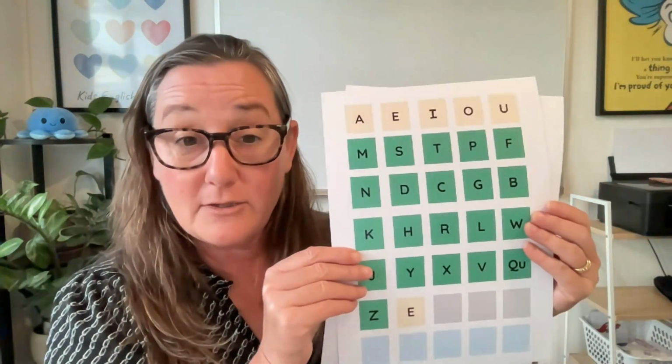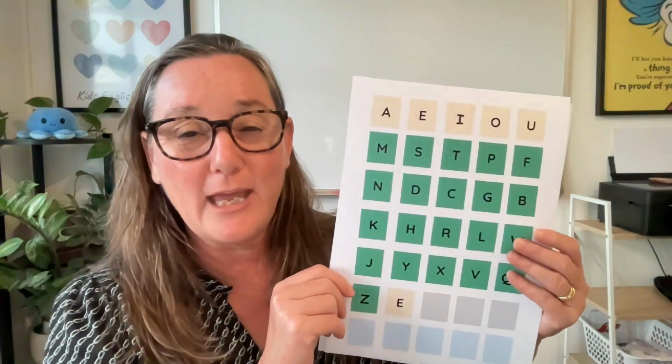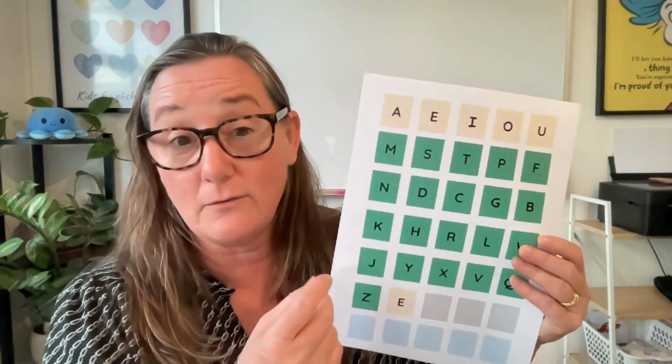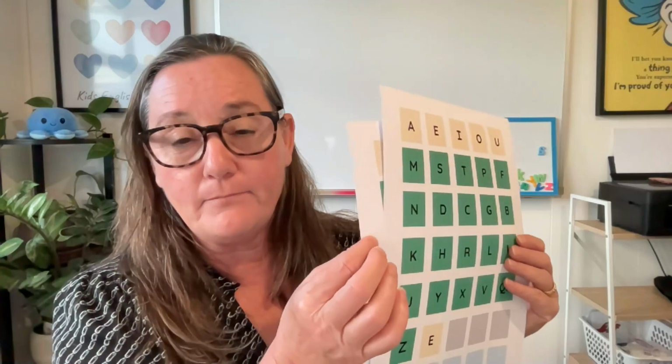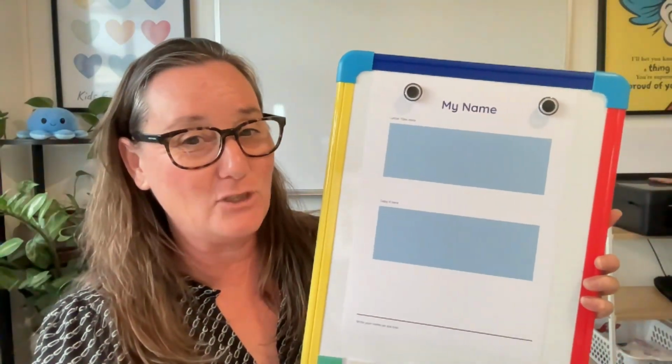So if you print those off, I suggest you print 2 copies so that you can use them for building and copying and also for word work. And I've also got them printed on hard, I think it's 200-gram paper. So that's really helpful just to help them last. So you need your letter tiles and you need your My Name chart.